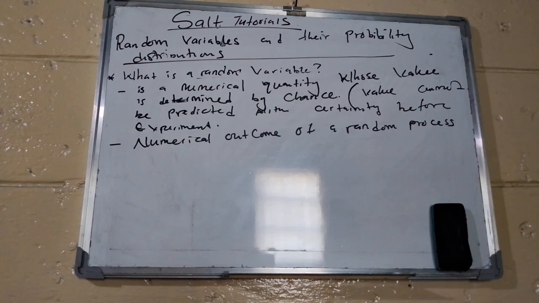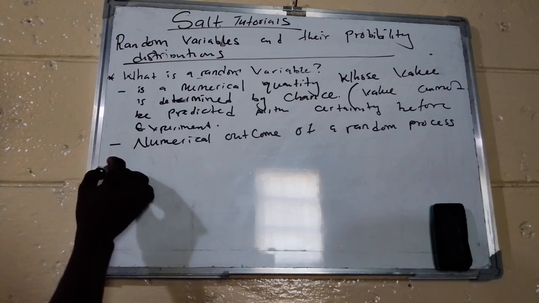As long as this variable represents some specific quantities coming from an experiment, then it qualifies to be called a random variable. So we're simply saying that a random variable assigns numbers to each possible outcome of the experiment.